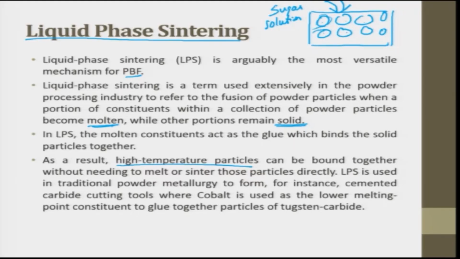LPS is used in traditional powder metallurgy to form, for instance, cemented carbide cutting tools, where cobalt is used as a lower melting point constituent to glue together the tungsten carbide. So tungsten carbide cobalt is a typical example which is used as a cutting tool for liquid phase sintering.